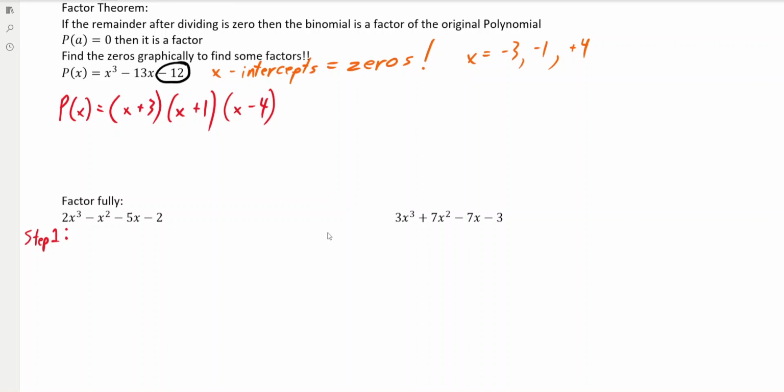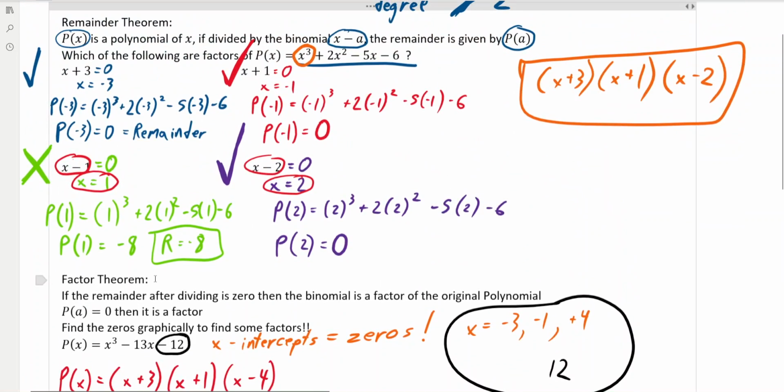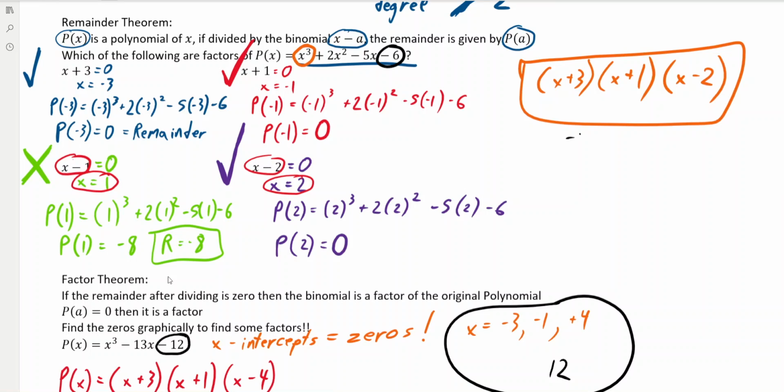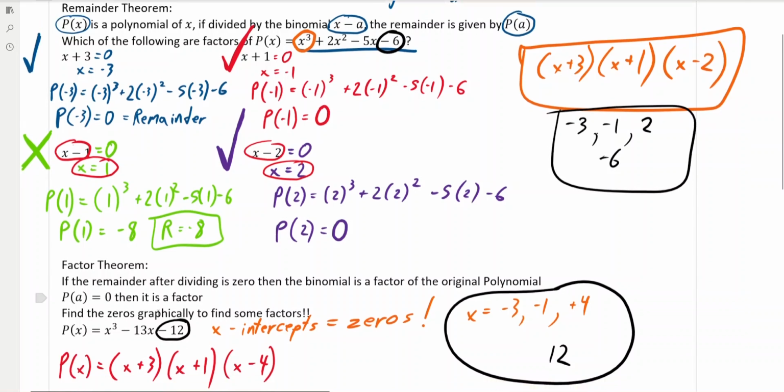You can look at the constant term and notice that all of the values are actually factors of that constant term, which is kind of cool. So again here, 6, and we have negative 3, negative 1, and 2. Okay, so they're all factors of negative 6.